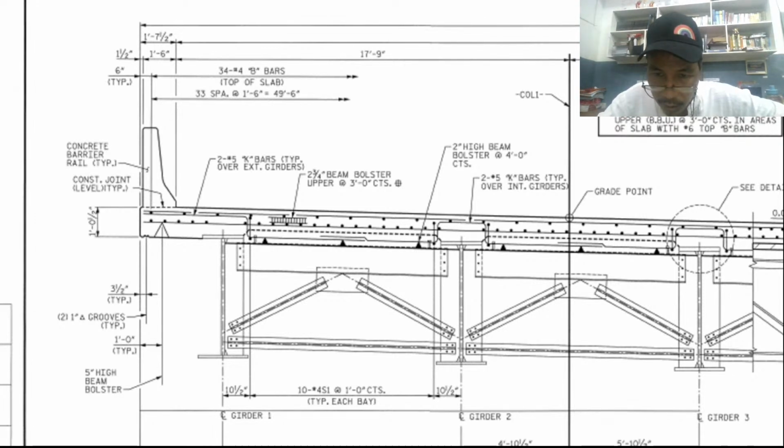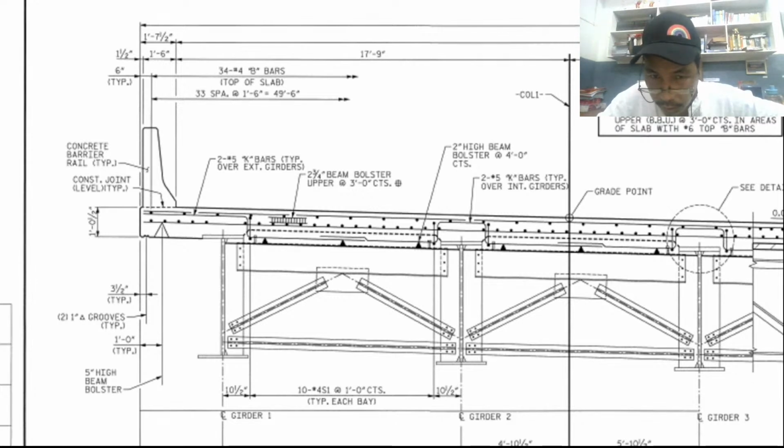So this is another location for girder. This is X girder. This is int girders. So int girders, X girder. So bolster.